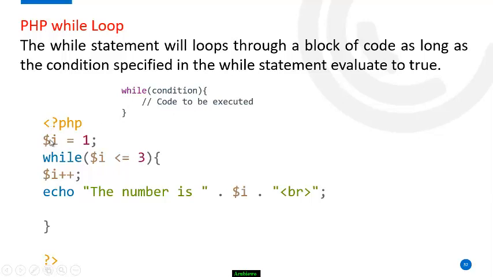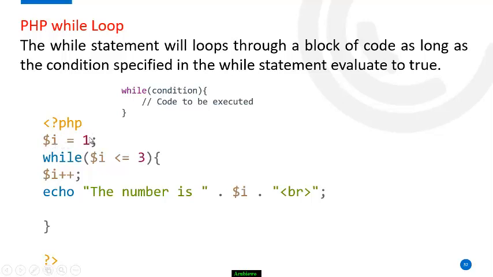Now let's follow this format to write the code out. Variable $i is equal to 1.